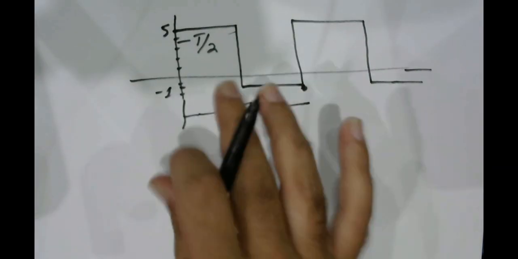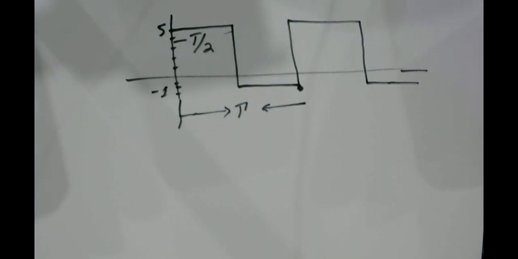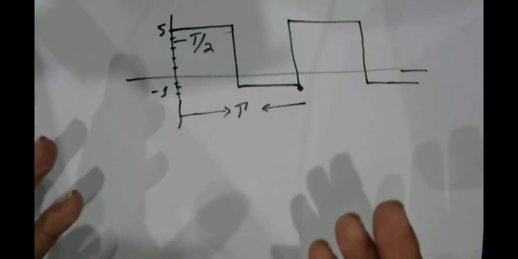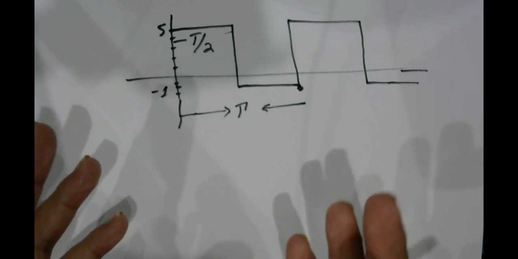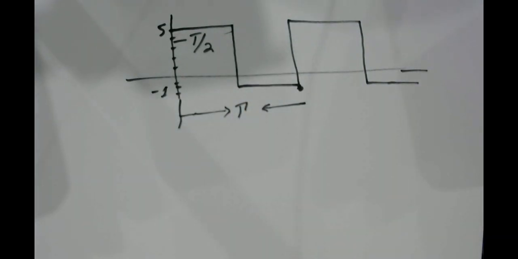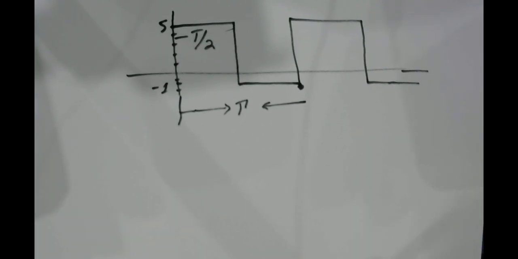Its value here is 5, its value here is -1, okay. You are given just this waveform, and what we need to do is find the Fourier series for this, okay. So what we mean by Fourier series, we need to find the infinite sine functions which can be combined together to form this signal, okay. So what we need to do, I told you, you just need to remember this formula, okay.